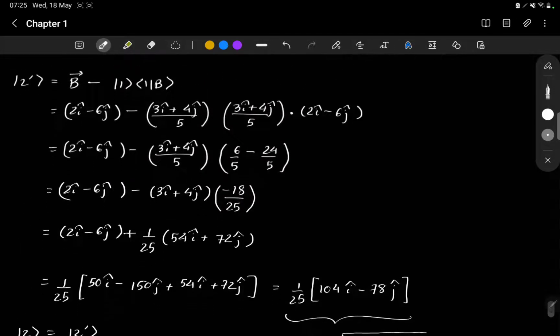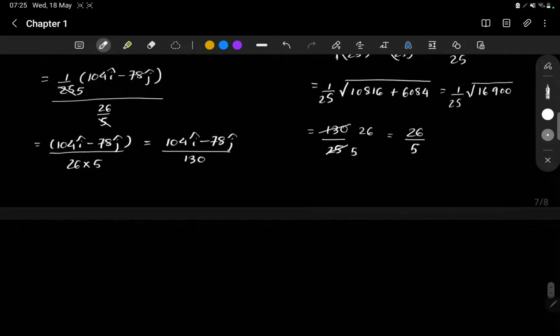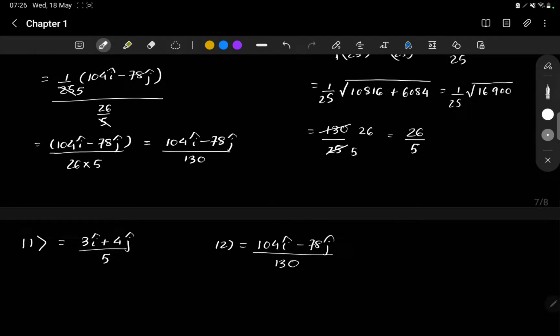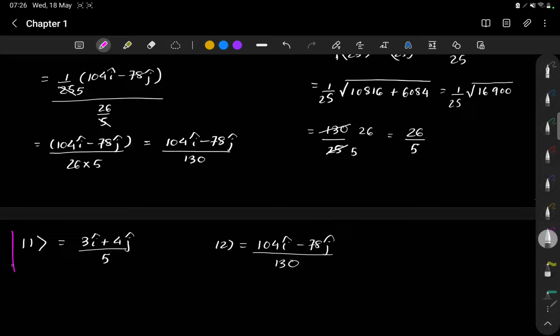So what do we have for the orthonormal basis? We have the first vector, which is 3i cap plus 4j cap over 5, and the second vector is this. So this is the orthonormal basis that we have obtained.